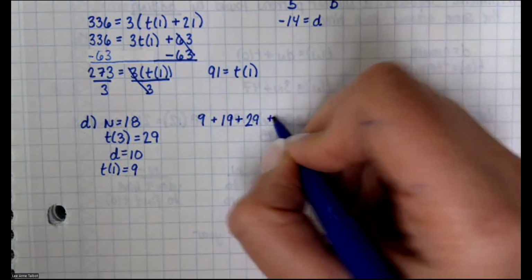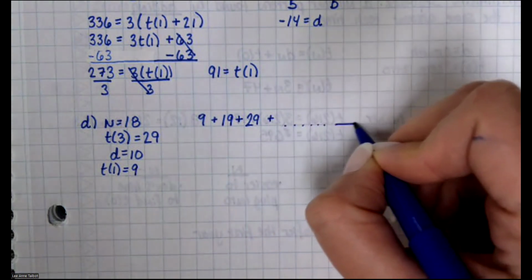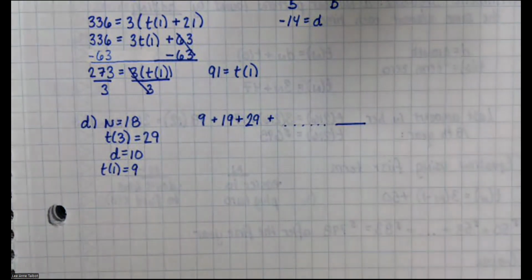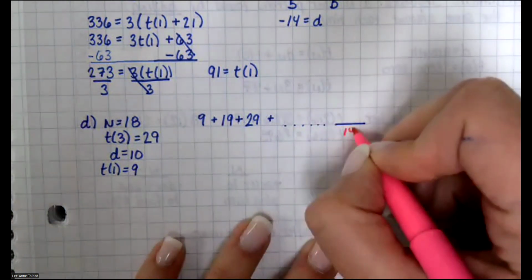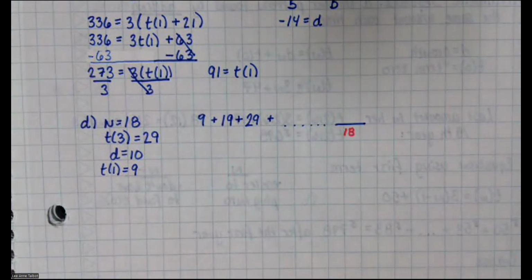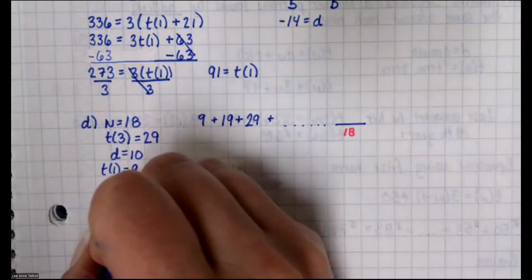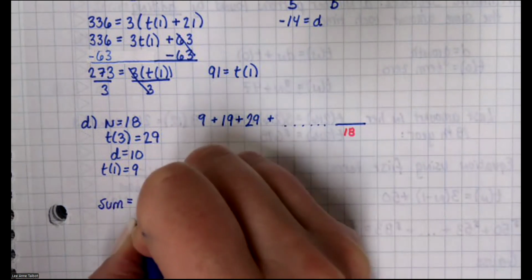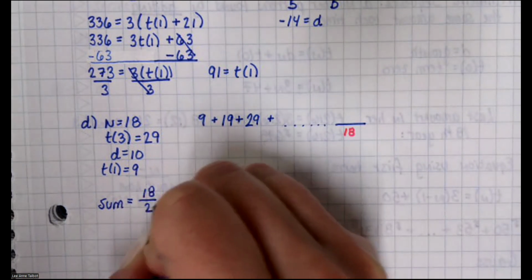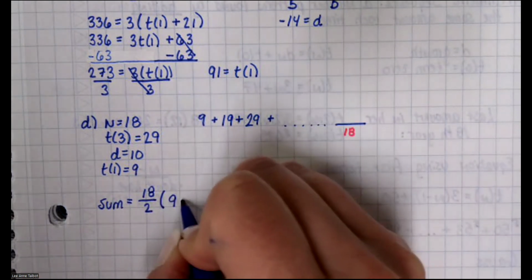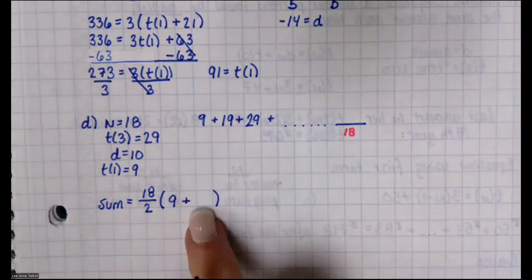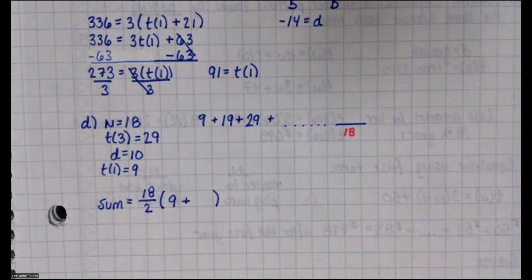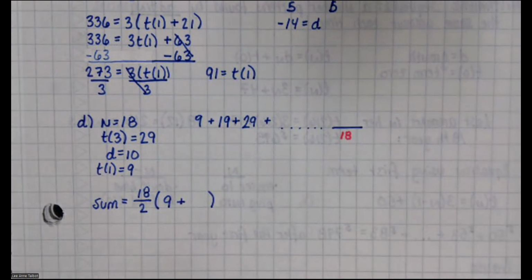And then we know we want to go out here until we get to the 18th spot because it says there's 18 numbers. Okay, so sum equals 18 over 2, first term plus, we don't know what the last term is. We just know it's in the 18th spot. What do I do when something's missing?